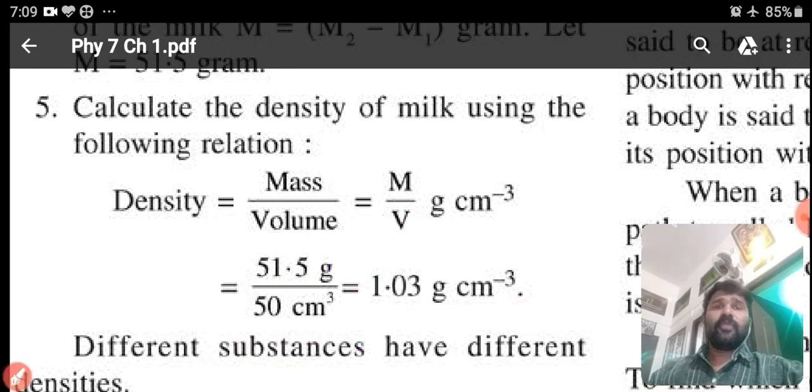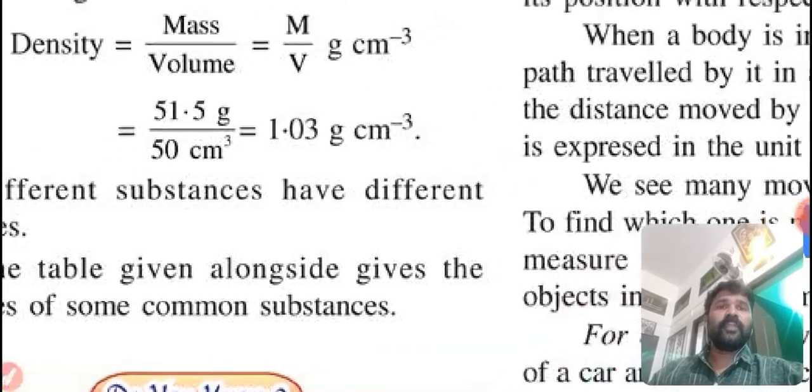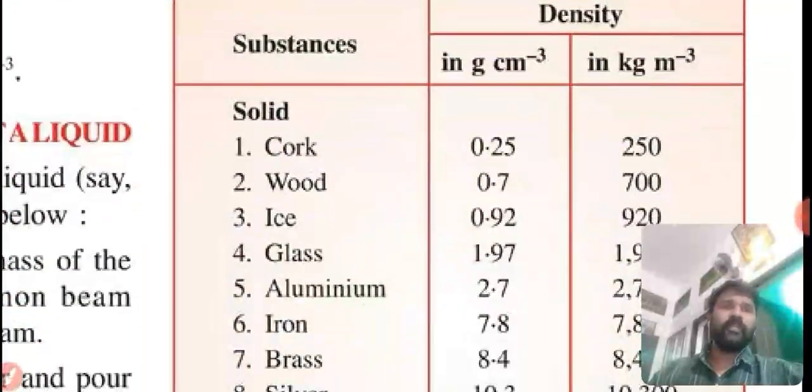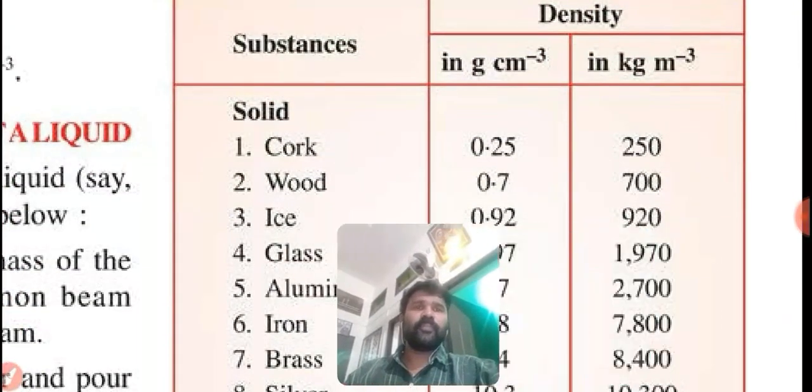So different substances have different densities. In the table given here, you just observe the different densities of some common substances.